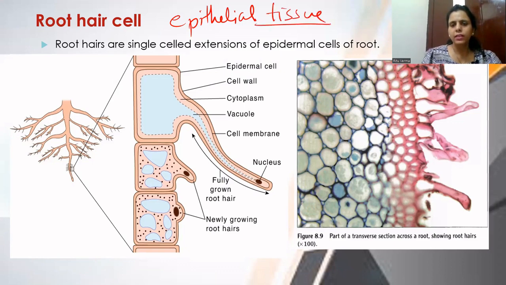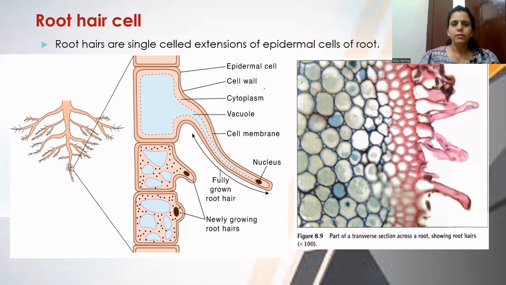As so many cells are there, it is called a tissue. Similarly, the layer of cells or the tissue present at the external surface of different organs of the plant, be it root, stem, leaf, flower or fruit, is known as the epidermis. So in plants, the layer is known as the epidermis, the epidermal tissue.